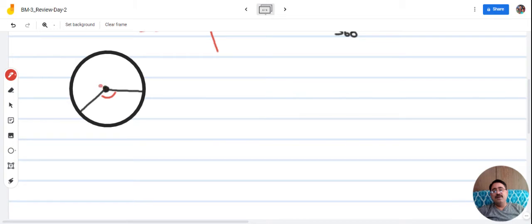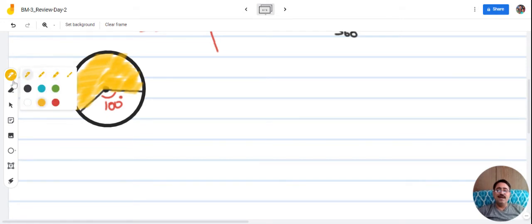Let's say this is 100 degrees, the central angle, and you are asked to find the area of the shaded region.